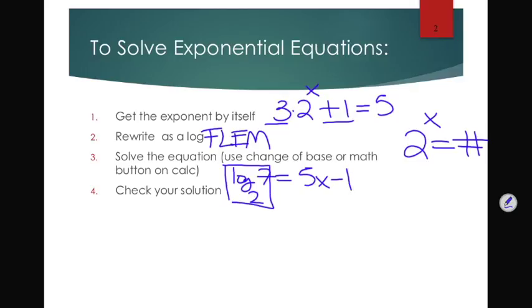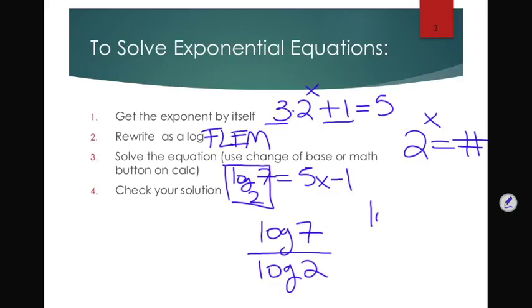And this log base 2 of 7, you're going to plug into your calculator. It's going to be some weird decimal, and you'll either use the change of base formula. So change of base says I do log of 7 divided by log of 2, or you'll use the math button on your calculator that will change the base for you. So math, go to log base and change it for you.